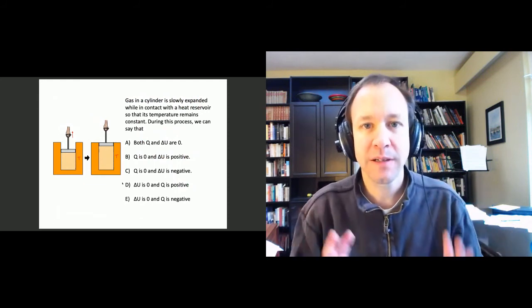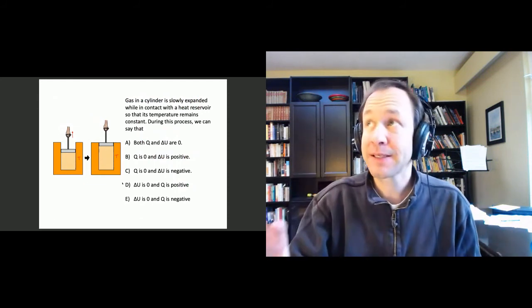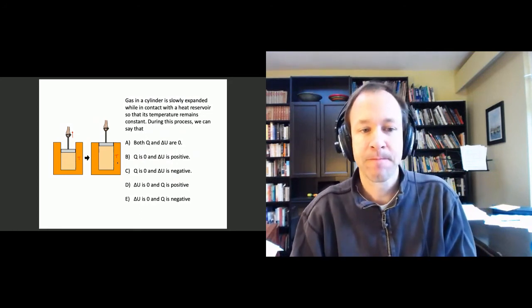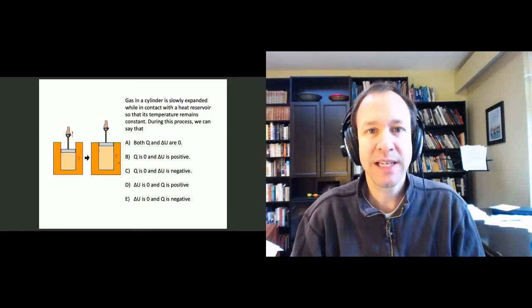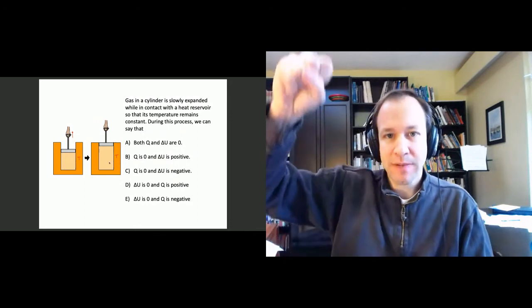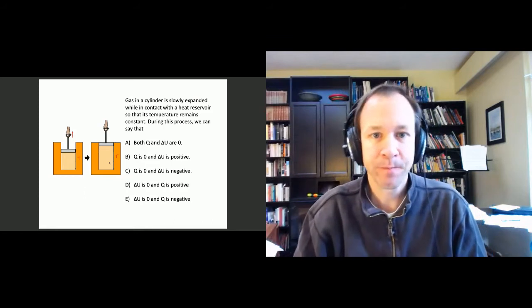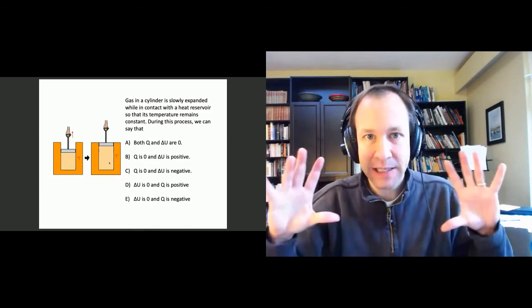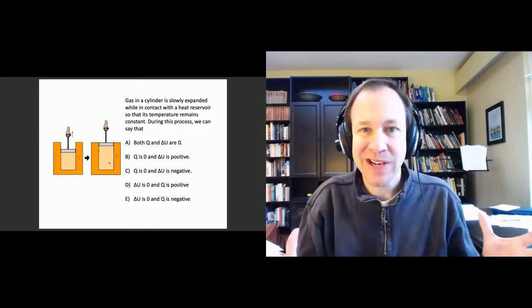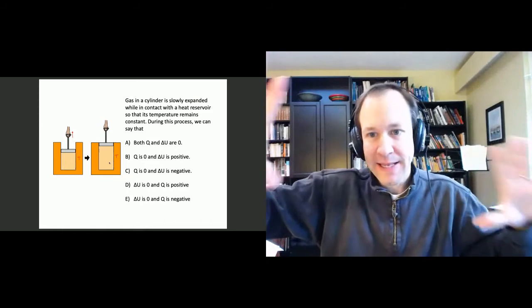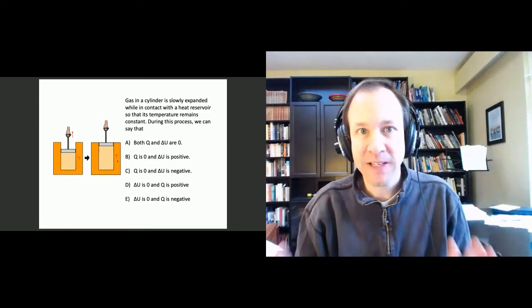So moving along here, let's talk about our next kind of process, which is a constant temperature process. How do you keep the temperature of a gas constant during some process where it might be expanding or contracting? The way to do it is have your gas in contact with what we call a heat reservoir. That's just some liquid or solid at a temperature T that you're keeping fixed.